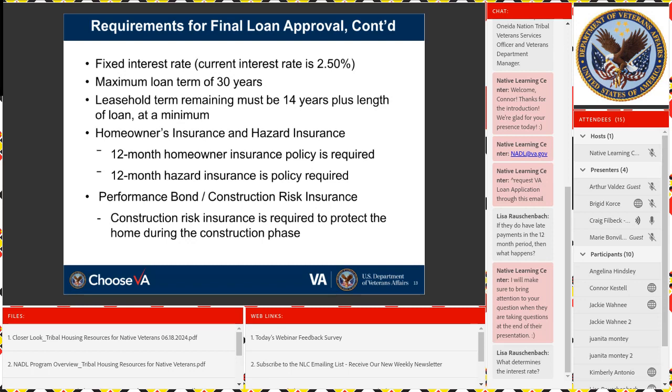And in areas where there's floods or maybe Pacific Islands where there's hurricanes and so forth, we may require additional insurance. During the construction process, we will request that the contractor obtain a performance bond. This basically guarantees the veteran and the VA that once the project is started, it's going to be completed. So we do require a performance bond.